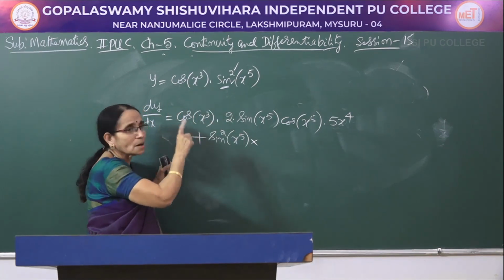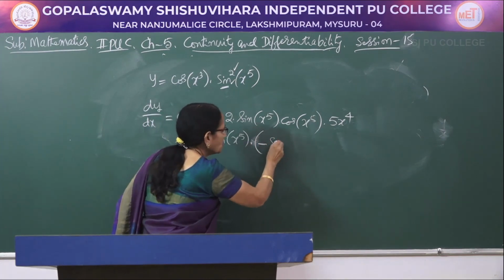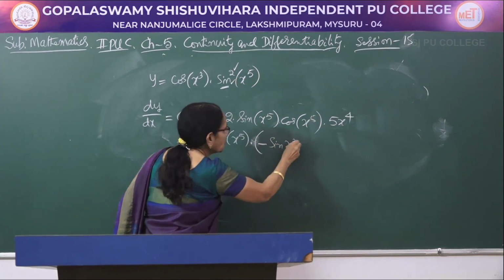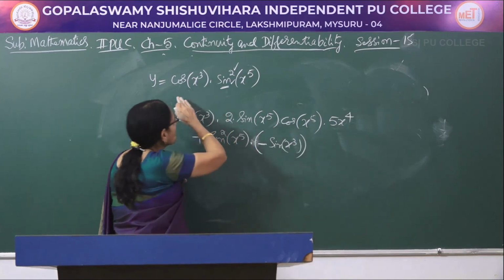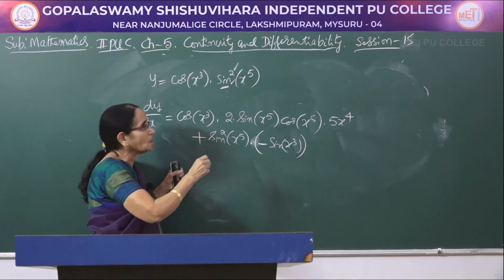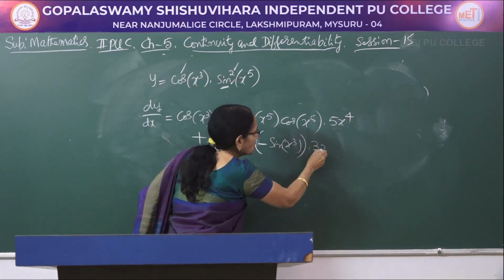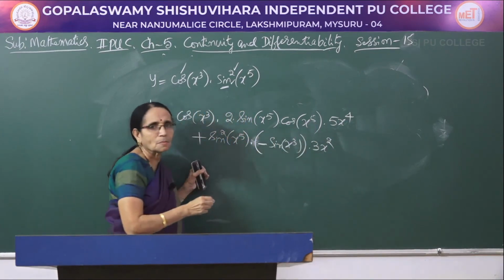It is cos of something. You know that cos of anything is minus sin of x cube. Don't write minus sin of 3x square like that. Minus sin of x cube. So, this is over. For x cube, as you know, it is 3x square.